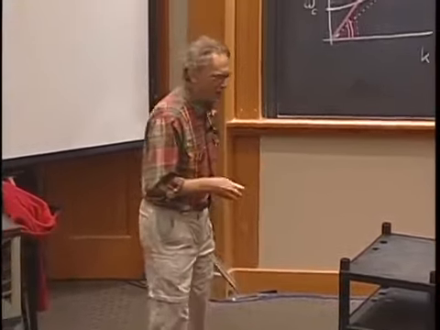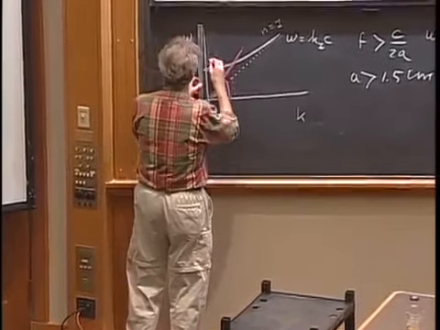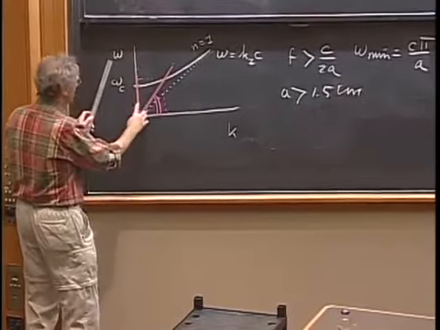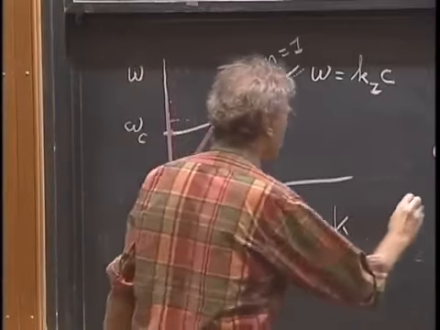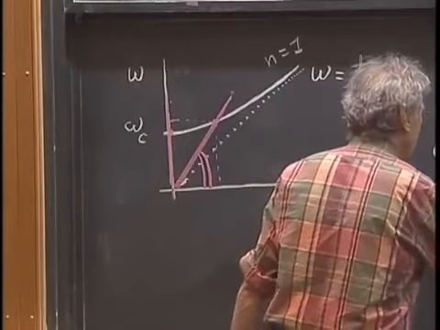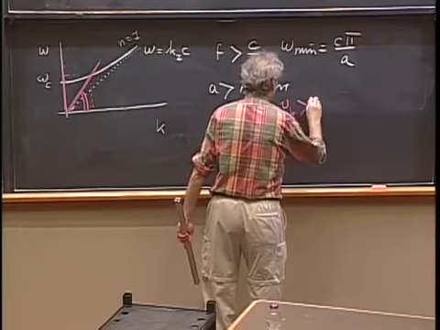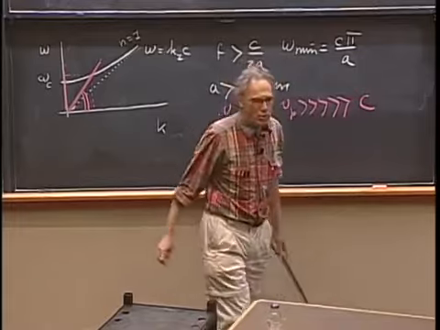Not only is it higher than the speed of light, the phase velocity, but by the time I reach this point here, the phase velocity goes to infinity. Because look at this slope, it's 90 degrees. So we now have a case that the phase velocity is larger than c. The phase velocity can be much, much larger than c, approaching infinity.